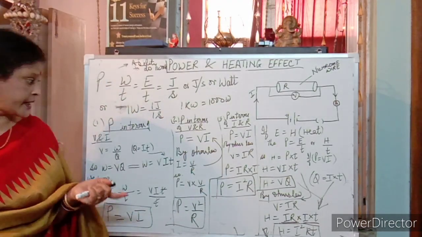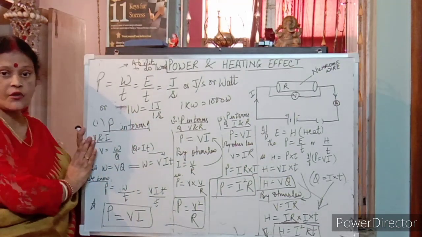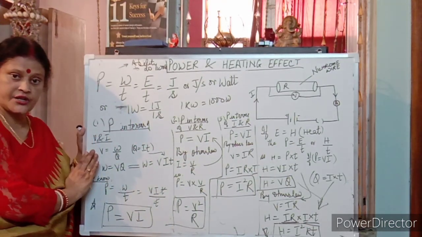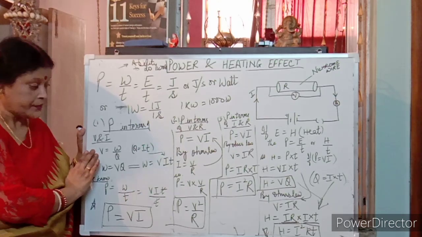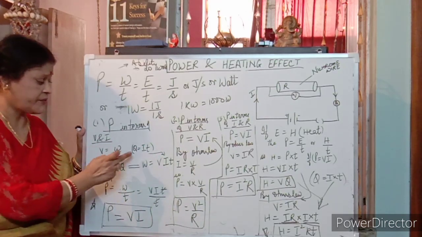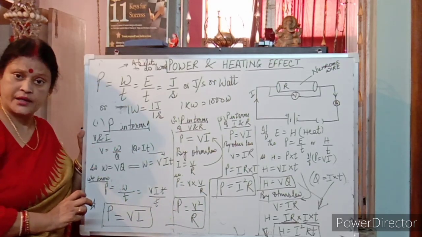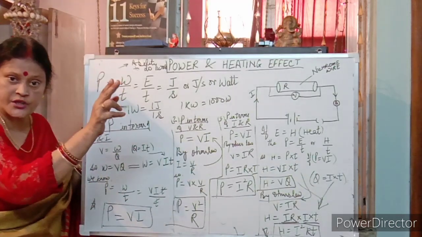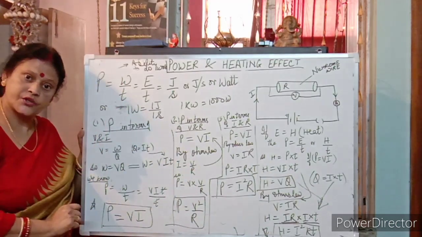Again I am repeating: for power in terms of voltage and current, we know that potential difference is equal to W upon Q. By current we can frame this formula, Q is equal to I into T. Current is equal to Q upon T. So Q is equal to I into T.